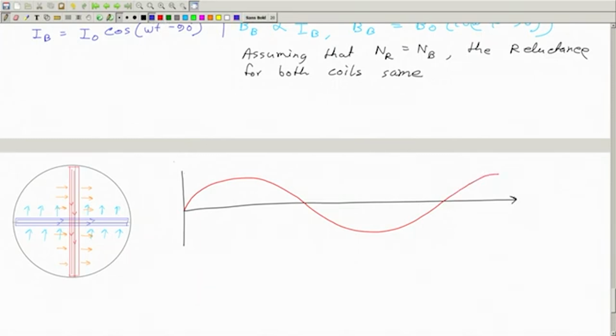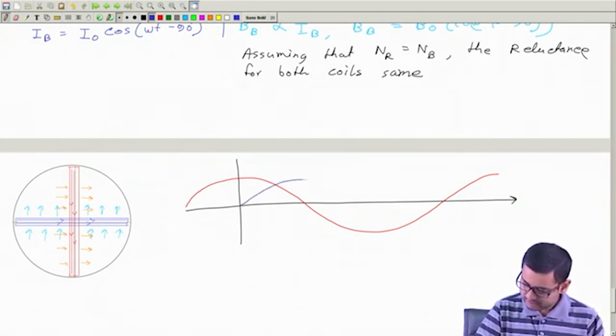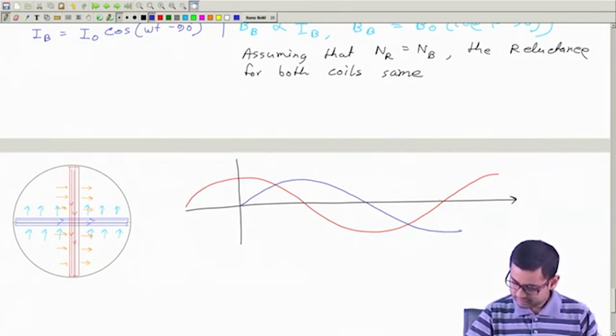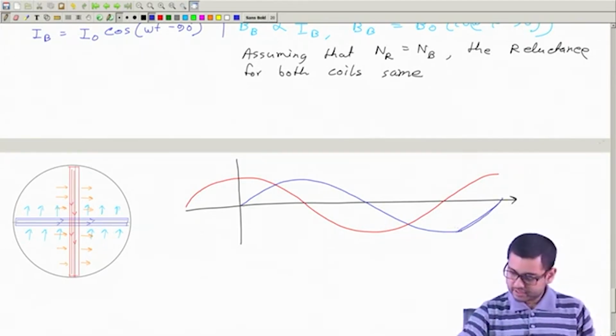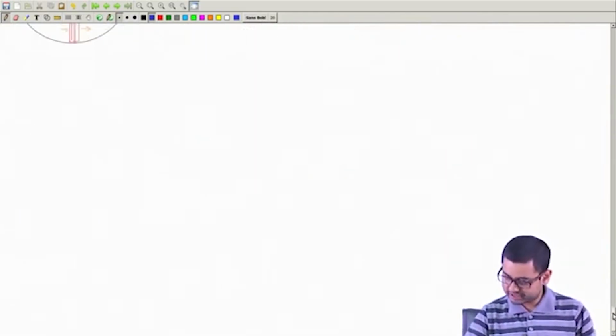Okay, so I have chosen it to be cos. So this is the origin. And then IB is 90 degree lagging, so we will have the IB here. Okay, and now let us see how these flux lines look like at different time instants.